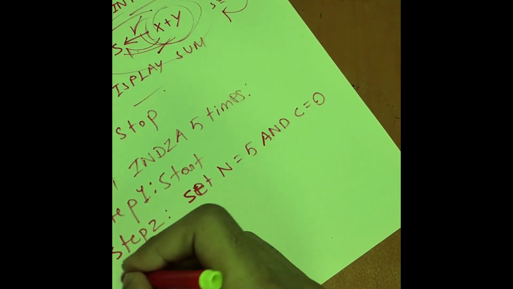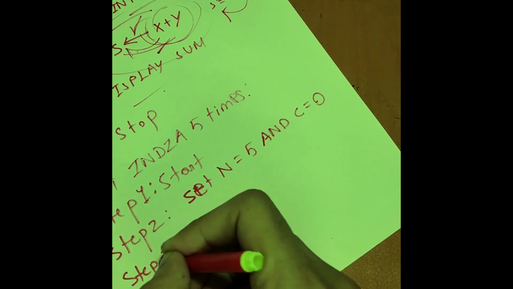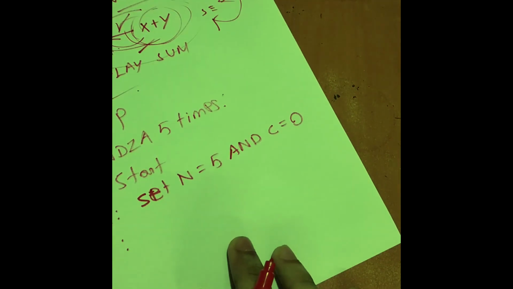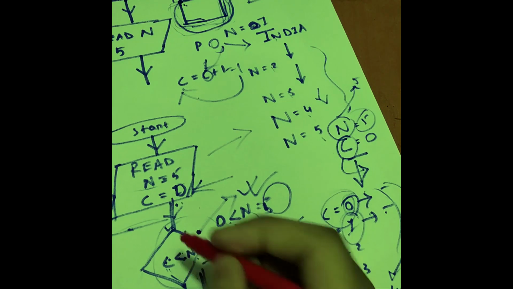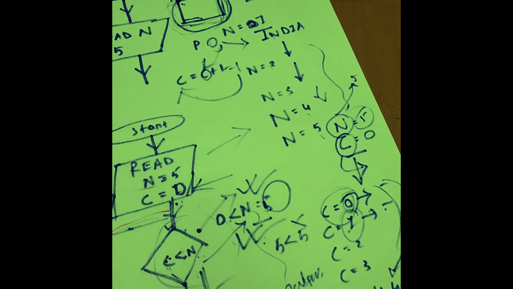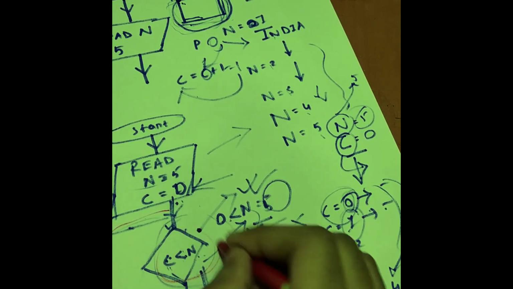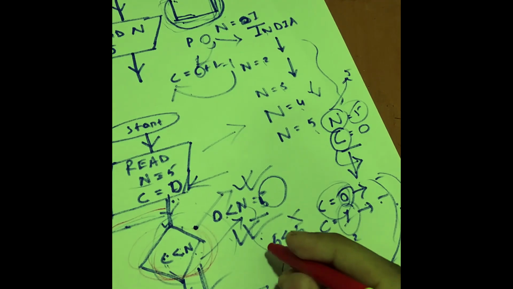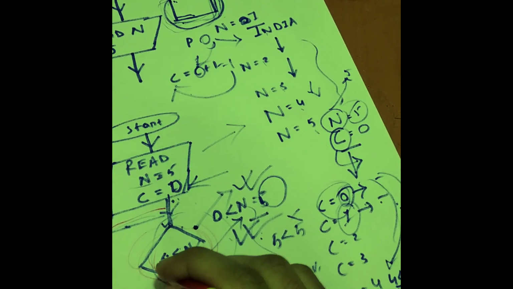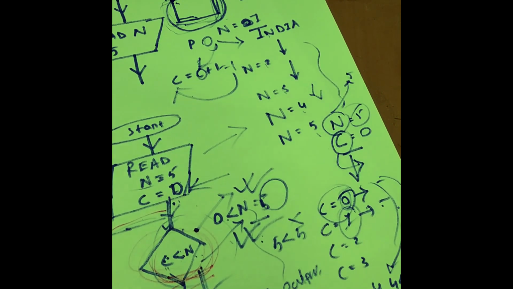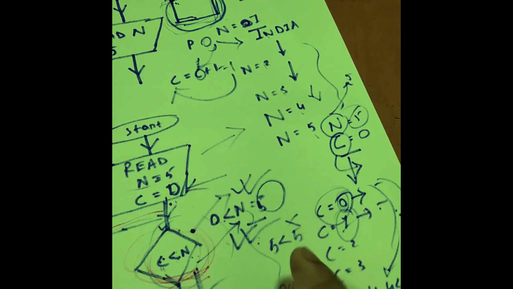Step 3. What was my step 3? Step 3 inside this loop was checking whether c is less than n or not. Right?